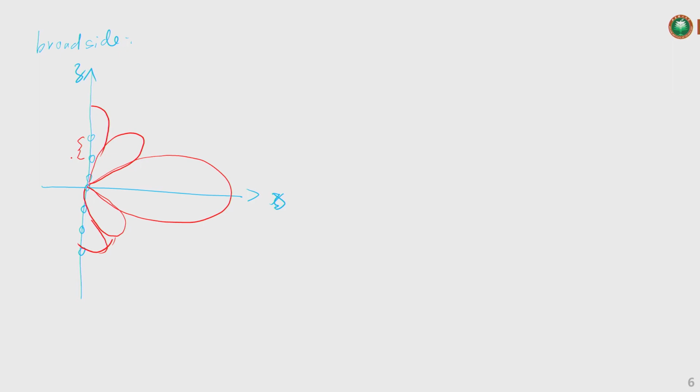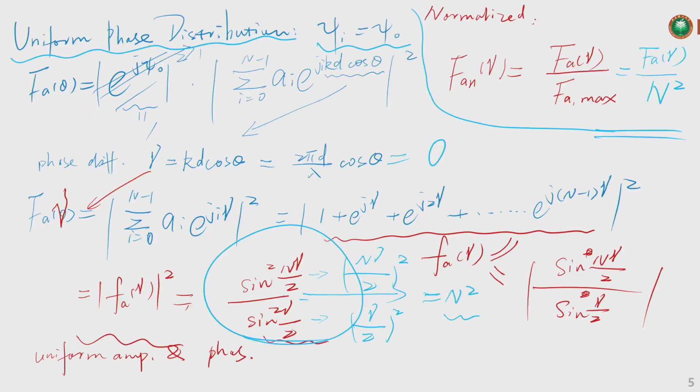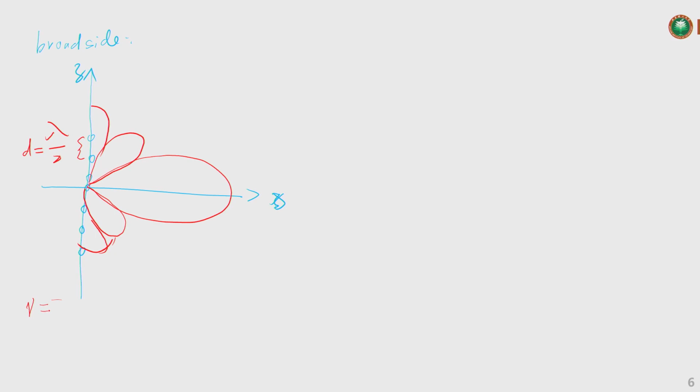And here it has limitations on the separation distance between each of them. When we assume it is half of lambda. However, if we want to change the separation of each element, so d equals half lambda, which means this part gamma equals 2 pi d over lambda cosine theta equals pi cosine theta.